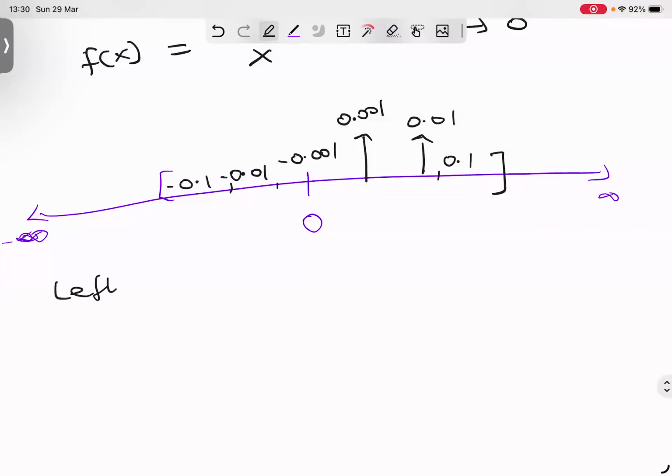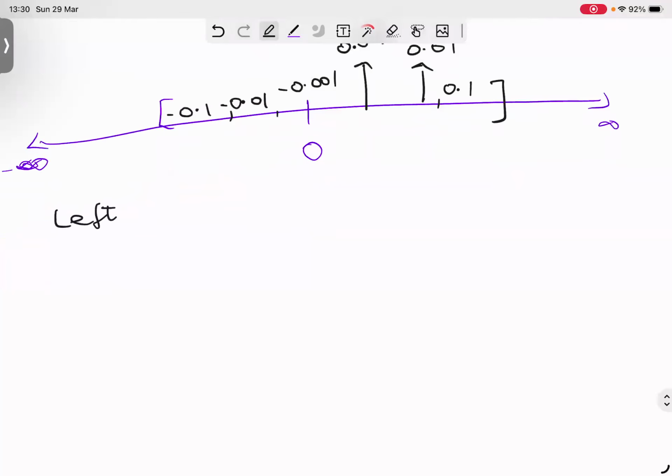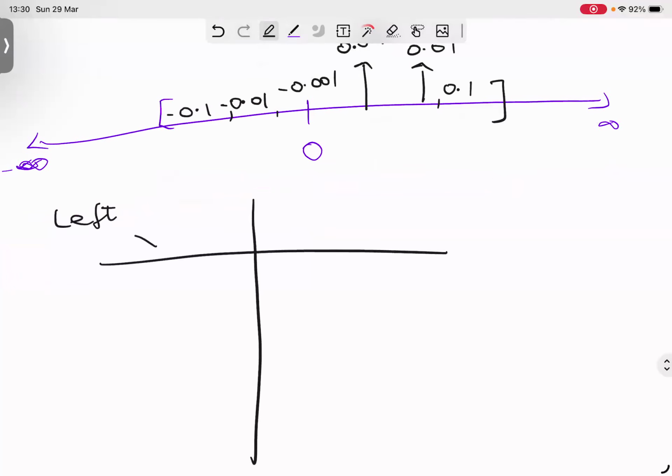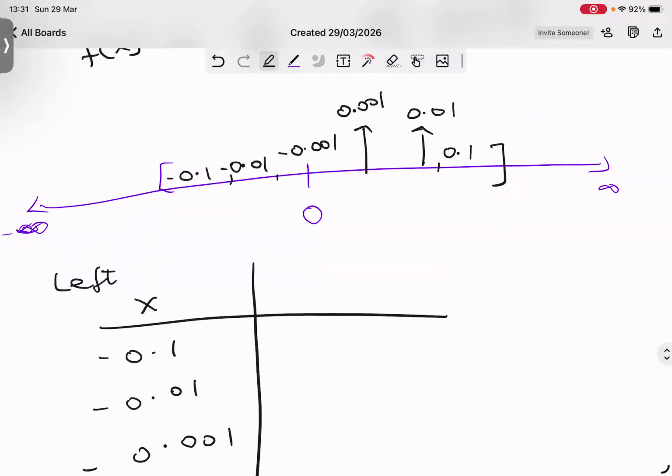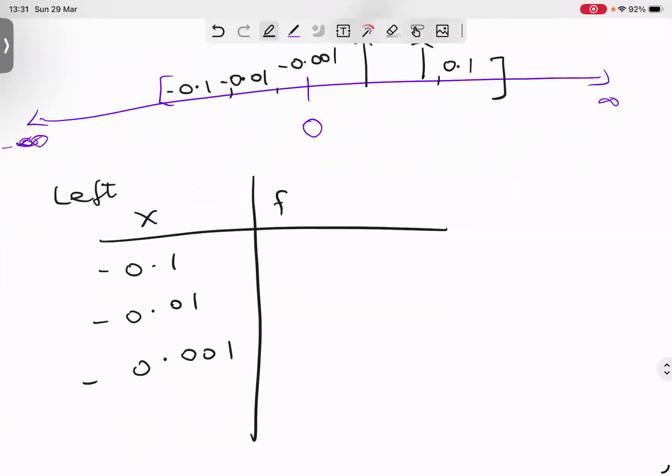So from the left-hand side, some of the values that we picked for our x are negative 0.1, negative 0.01, and then negative 0.001. Let's do the left first. This is f of x is equal to 1 over x.